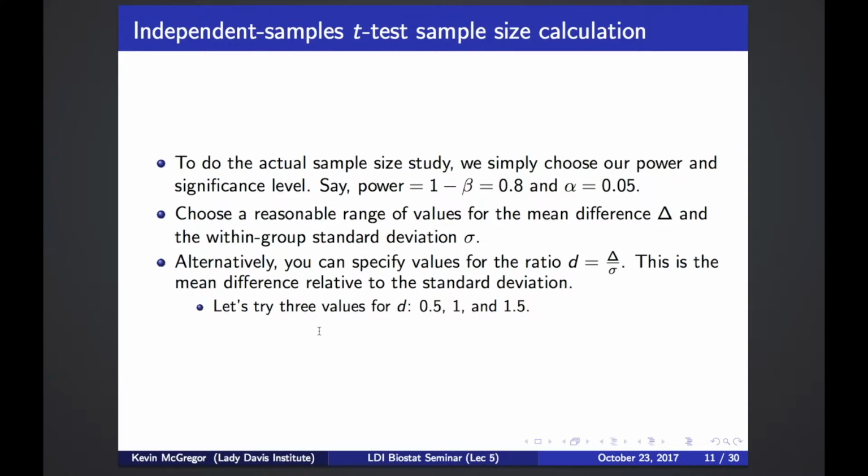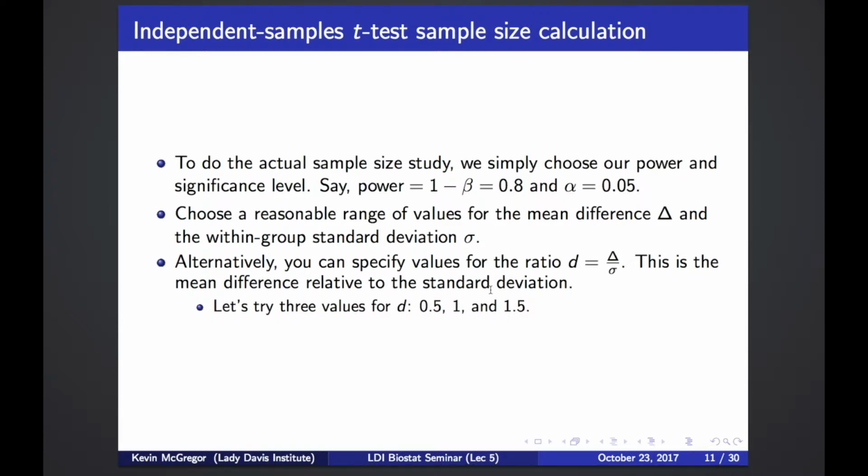I'm going to try 3 different values for this d: 0.5, 1, and 1.5. So 0.5 would mean that the mean difference is only half of the within group standard deviation. 1 would be the mean difference is equal to the standard deviation, and 1.5 would mean the mean difference is 50% larger than the within group standard deviation.